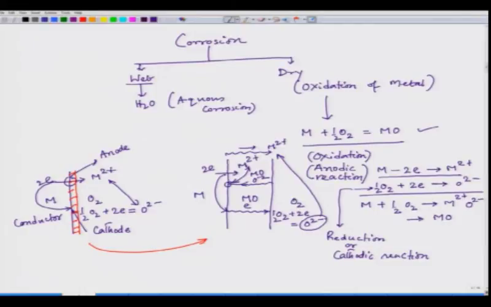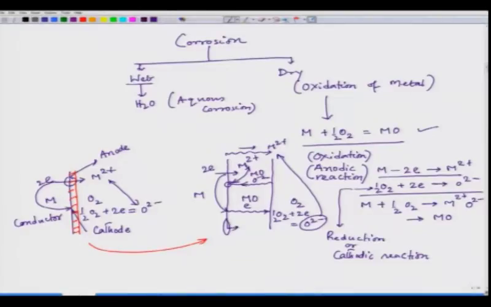In case the oxygen ion goes through the metal oxide and reaches the metal surface, at the interface of metal and metal oxide, further oxide molecules form, and in that case oxide growth takes place on the metal side.